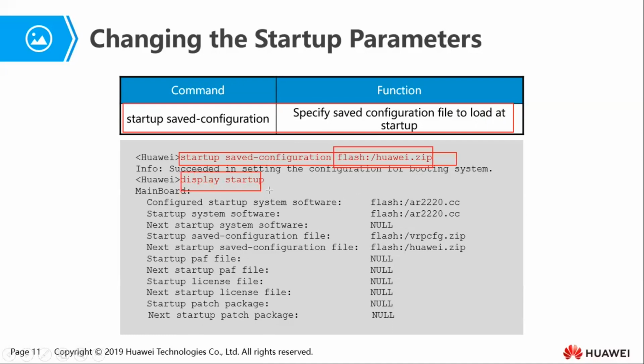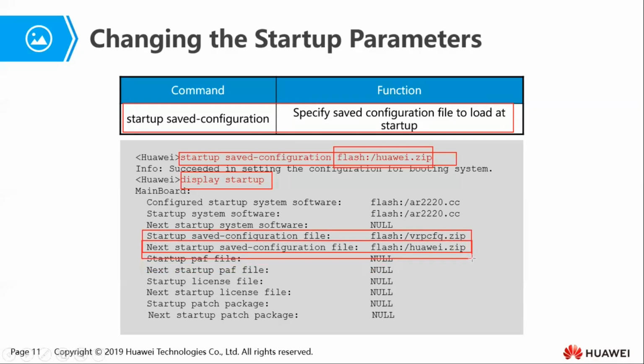So now, if we use the command display startup, we should be able to see that in the next startup, this file will run. Currently, we are running on this configuration file.